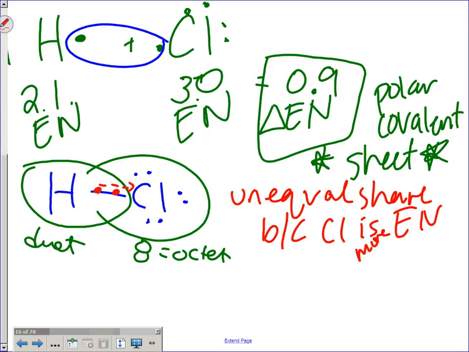Not 100% transfer, but it's just scooching this way. So we're going to call this side partially negative, and this side, because it's lacking a full electron, partially positive, due to the lack of a negative charge. So draw your partial positive and partial negative on your chlorine and hydrogen accordingly.